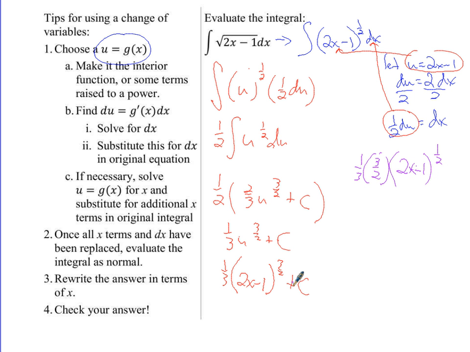The plus C disappears. Simplify. What did I forget? Oh, I forgot the derivative of what's inside, which is 2. Sorry. 1/3 times 3/2 becomes 1/2. The 2 over here becomes just 1. And I'm left with (2x minus 1) to the 1/2, which is the square root of 2x minus 1, which is what I started with. So this is the correct answer.